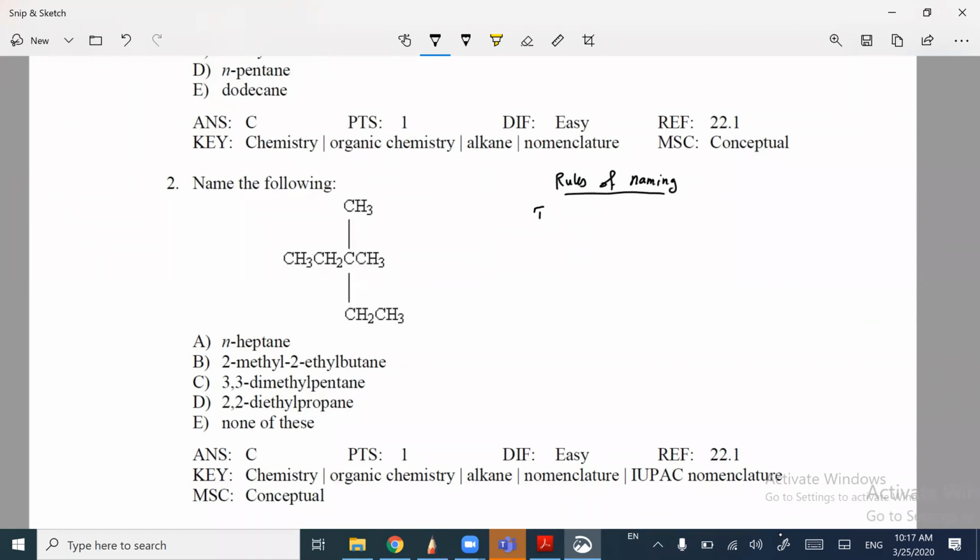Number 1, determine the longest carbon chain. For this compound, maybe the longest carbon chain is 1, 2, 3, 4, maybe 1, 2, 3, 4, 5. So the longest carbon chain in this case will be this one, 1, 2, 3, 4, 5.